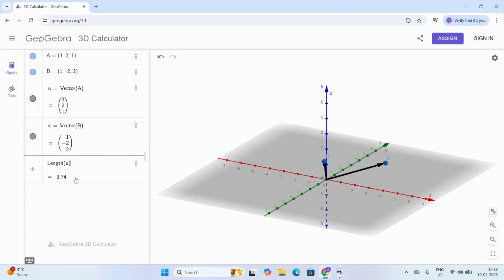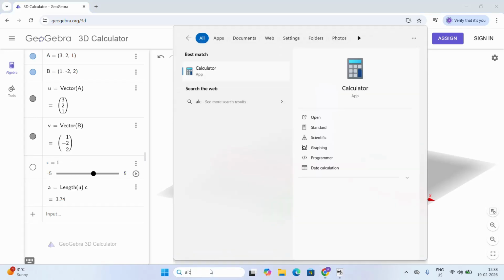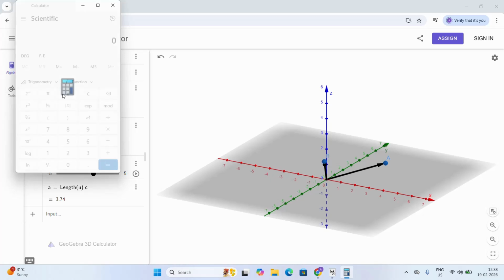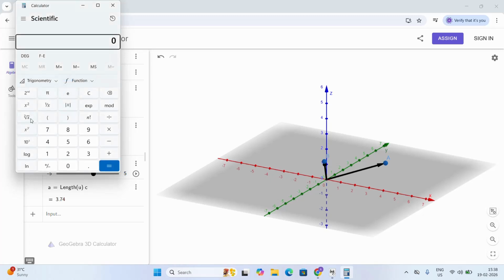You see, you've got 3.74. If you just calculate and check what is root 14, root 14 is nothing but 3.74. Okay, so what we verify here? Root 14 is 3.74.